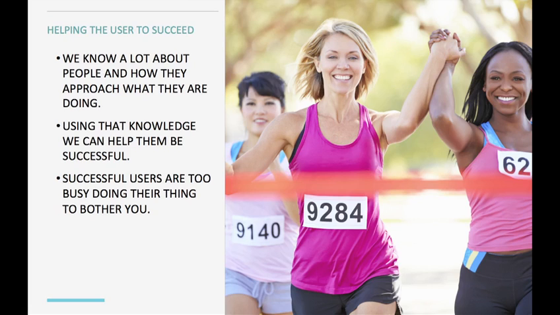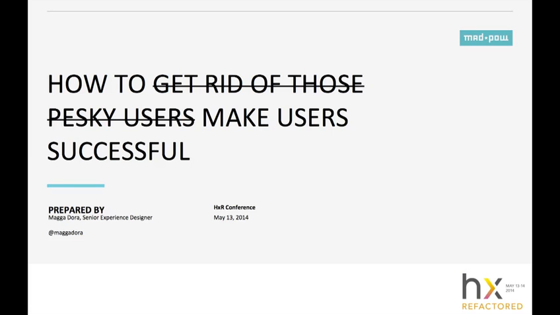Now, what we've talked about in order to help the user get over that finish line is that we know lots of things about people. We can apply that in our work as designers and developers. And therefore, we can help our users be successful. And that's how you get rid of those pesky users. You make them successful. Okay.